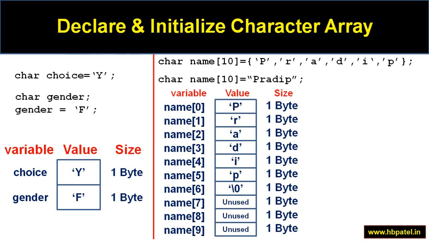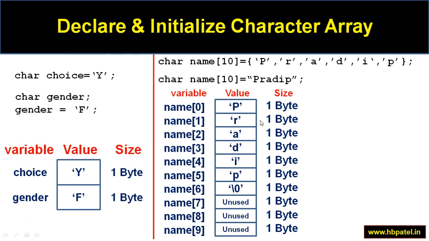Now when we have char name[10], that means we have name[0] to name[9], a total of 10 elements, all of size 1 byte each, and name[0] to name[5], a total of 6 elements, contain P, R, A, D, I, P. This is similar to the integer array that we have seen in our previous videos.